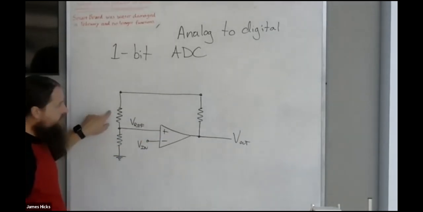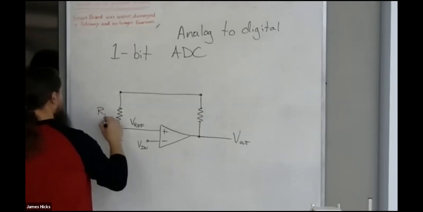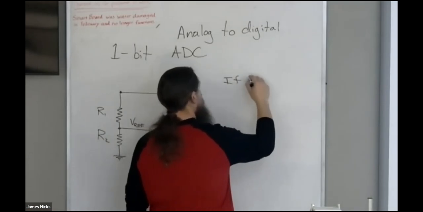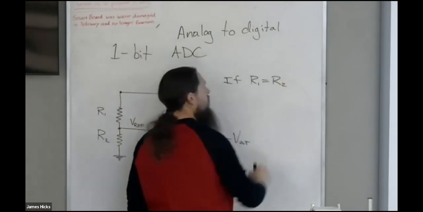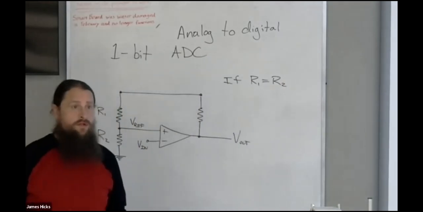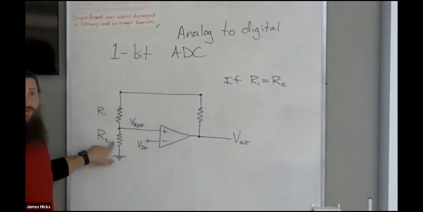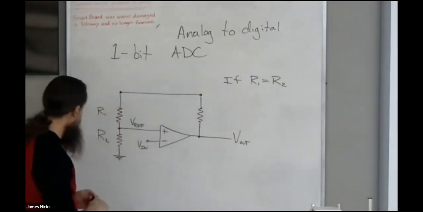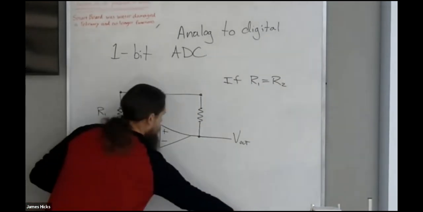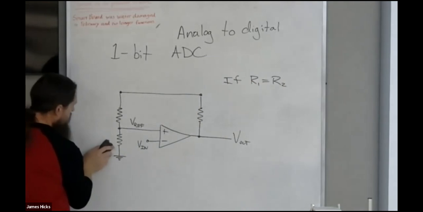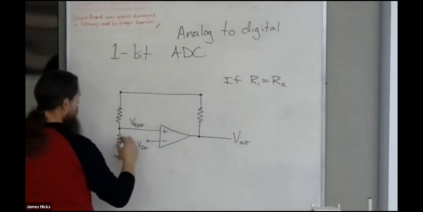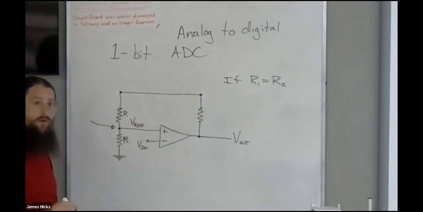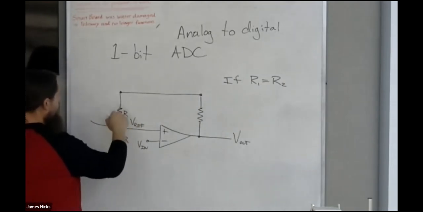Now, this resistor R1, R2. If I make those equal to each other, that's going to be a 50-50 voltage divider. Let's call these both R. So what's the reference voltage if they're the same?